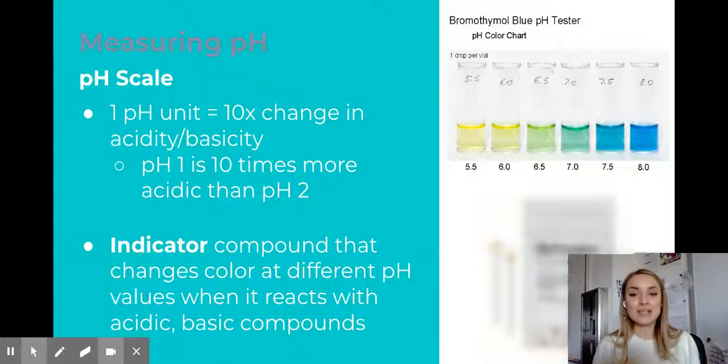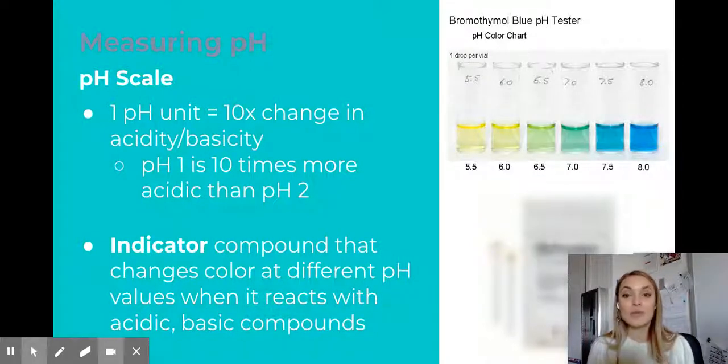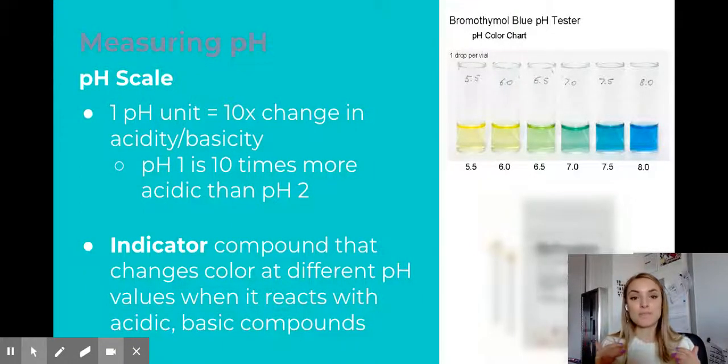There are a couple of different ways that we can measure pH. If you've ever swum in a pool that has chlorine, oftentimes we need to use some sort of indicator to measure what the pH levels are in that pool water, to see if we need to add any more chemicals to balance it out, or if we need to add something else to make it more acidic or more basic.